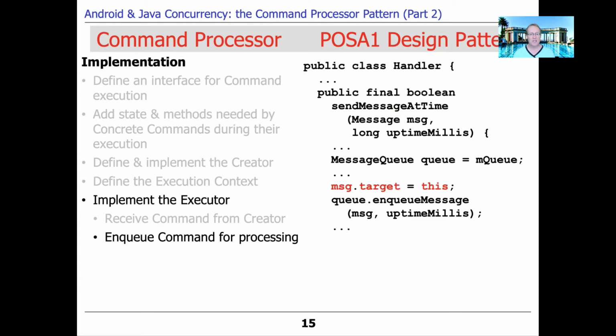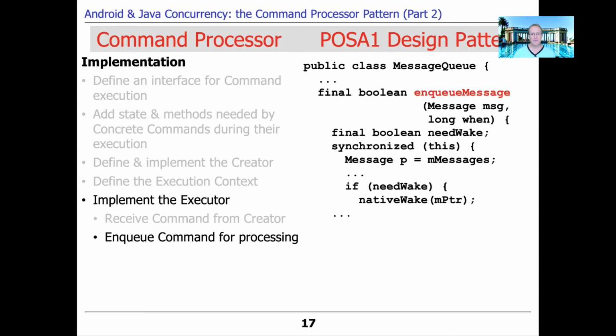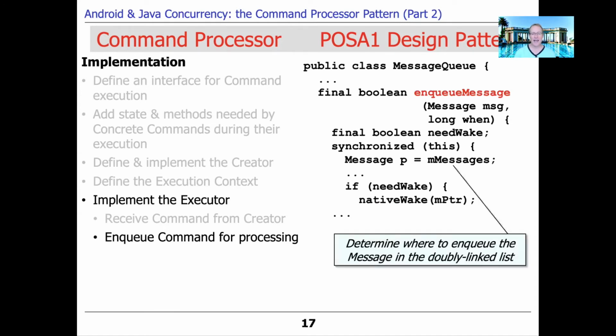In this particular case, we make the target of the message this, which is the handler that we're referring to. Then we enqueue that message in the queue. The enqueue method that's called is going to determine when and where to enqueue the message in a doubly linked list.